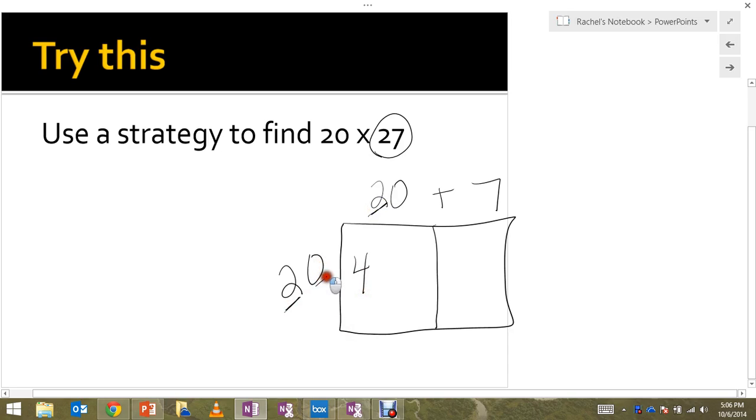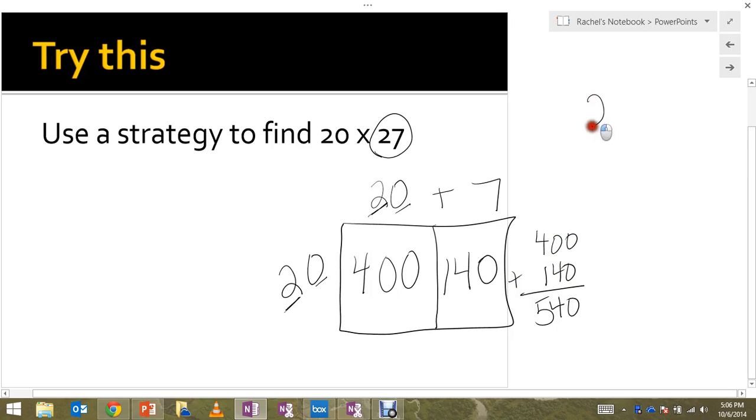And then we have 1 0 and 1 0, so a total of 2 zeros. And then 20 times 7. 2 times 7 is 14. And we have 1 0 in that product. So then they can add the 2 partial products to get 540 as their final product.